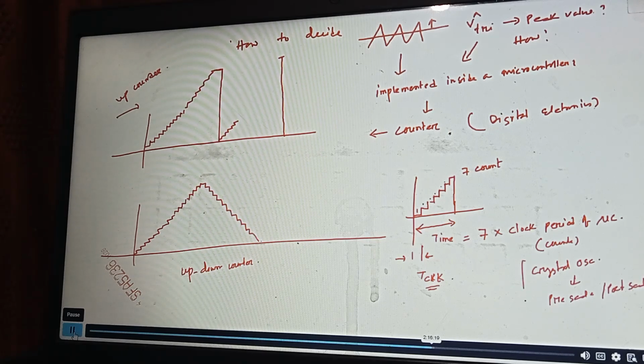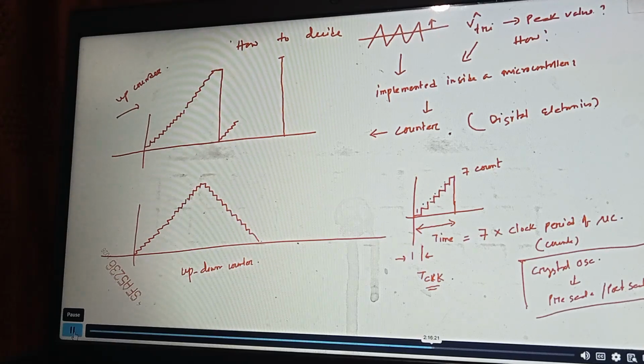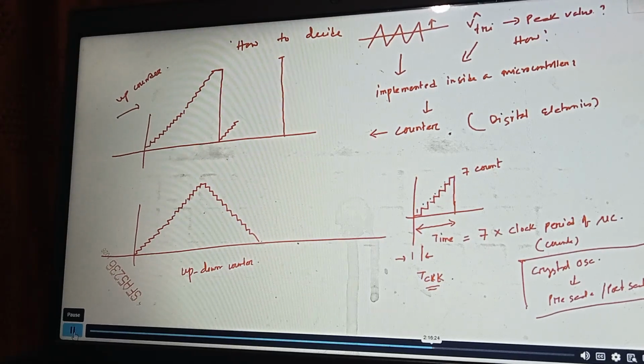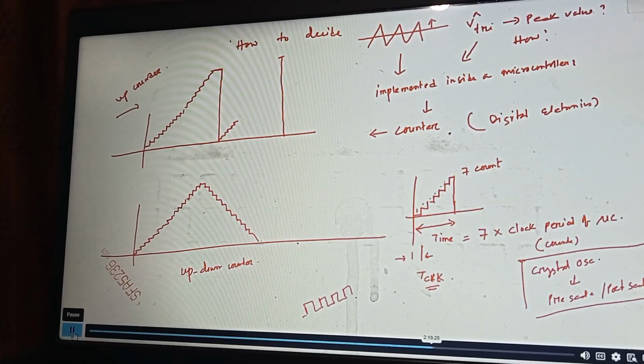Inside every microcontroller there will be a crystal oscillator which creates a pulse of some frequency, and based on that you can use some pre-scalar or post-scalar. Basically, you can apply some sort of factor to this frequency.